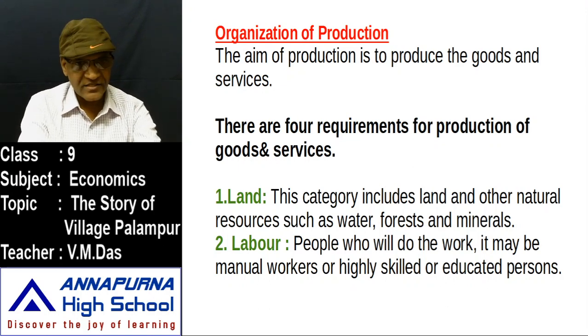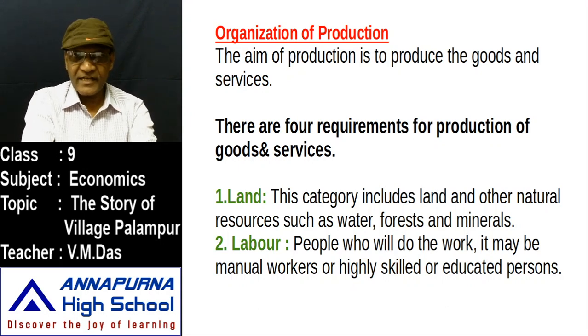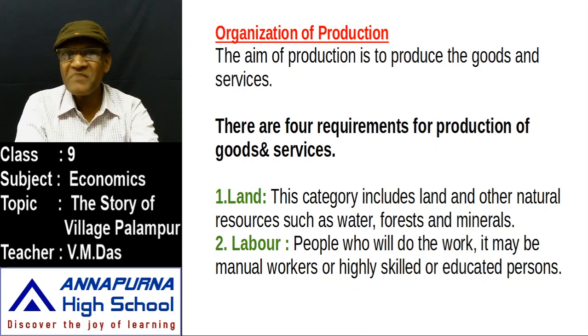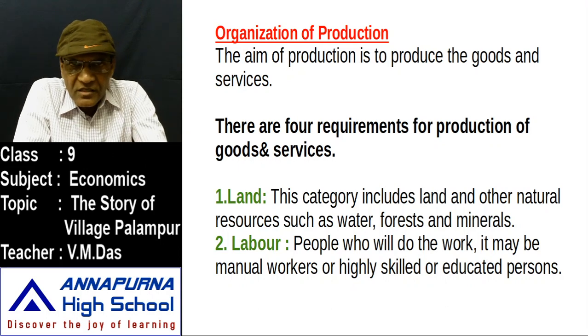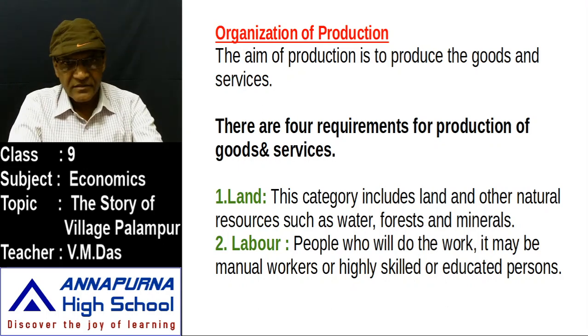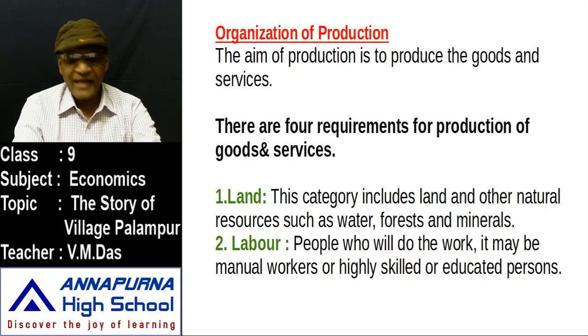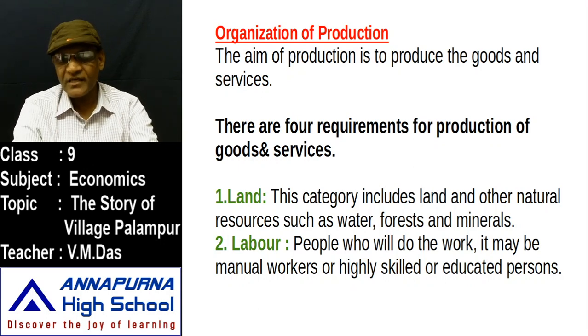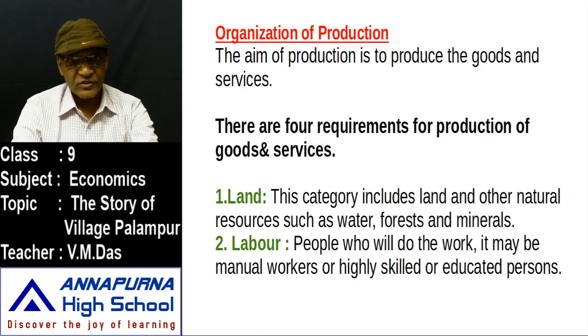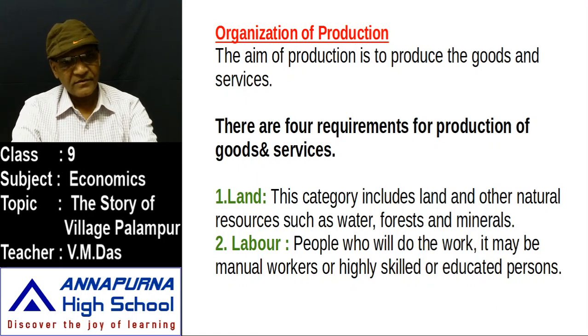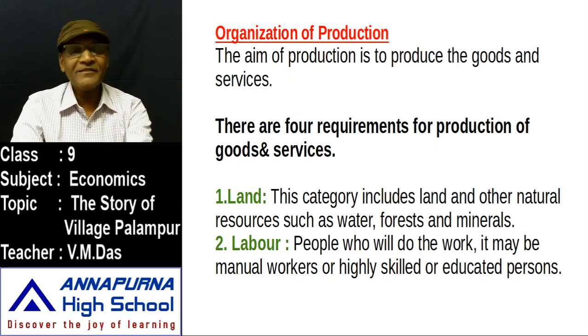So the first factor of production is land. Besides land, natural resources also play an important role, such as water, forests and minerals. Without these, no goods can be made. That is why land is required to produce something, and besides land we need water, forests and minerals.